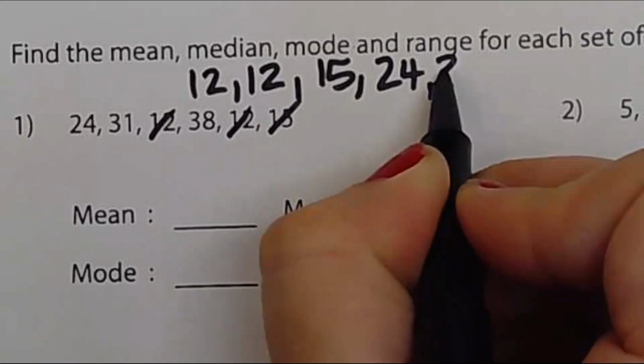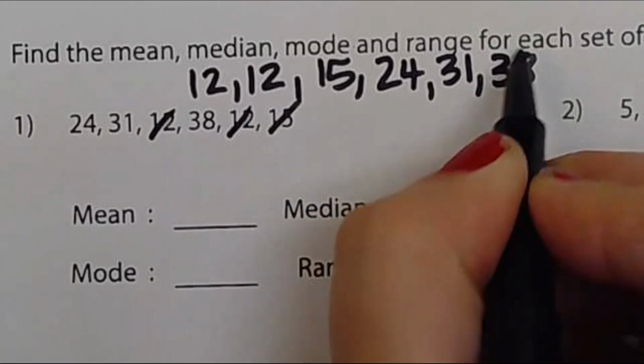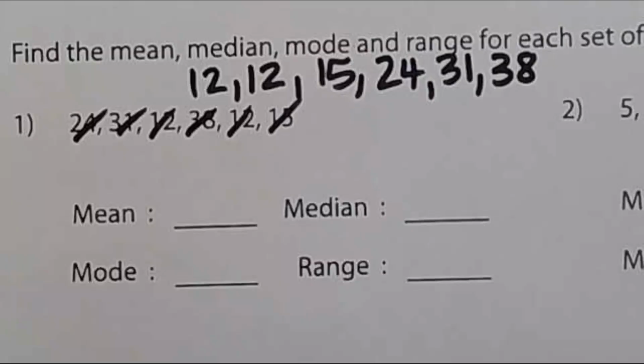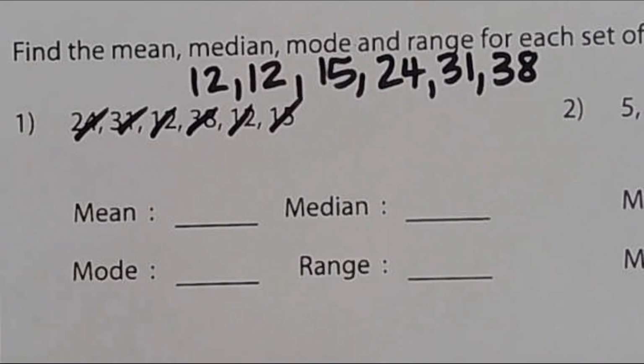Now, please double check that I did it correctly, because I'm talking while I'm doing this. Okay, thank you. So when I'm doing this, I added it up, and I need to divide by what for my mean?